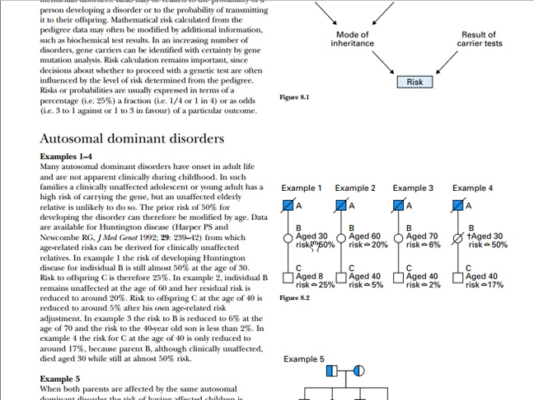Since this is a risk of 50%, with a second degree relationship what you do is multiply this risk by half. Is it clear? So you multiply this risk by half, and for the child, 50% times half gives you 25%.